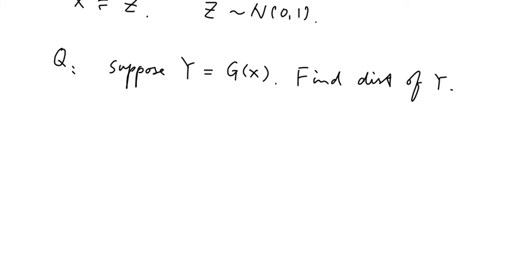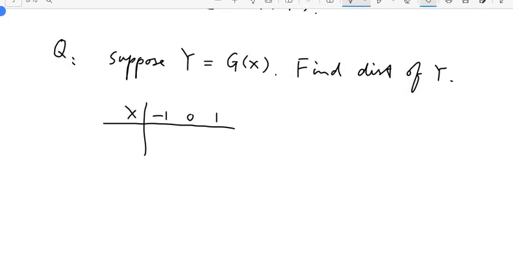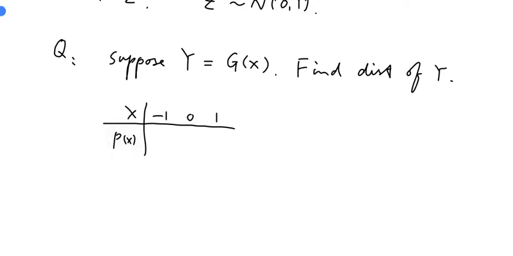Let's also consider a discrete situation. Such a problem is very easy. Let's say suppose X follows this distribution: X can be -1, 0, 1, and the probabilities are 0.2, 0.3, 0.5.